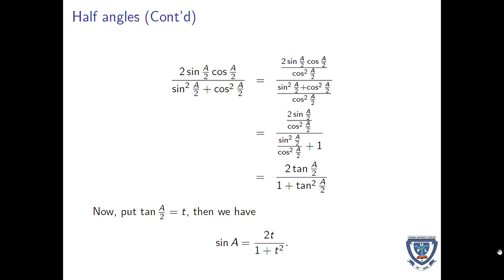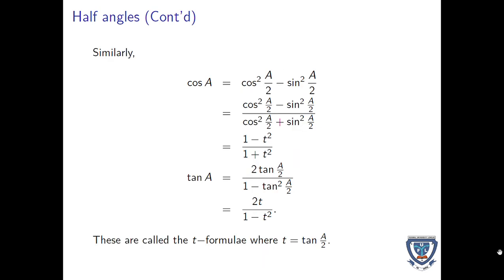However, when you put tan A over 2 to be t, so anywhere I see tan A over 2, I represent it with t, you are going to have that sine A will be equal to 2t all over 1 plus t squared.